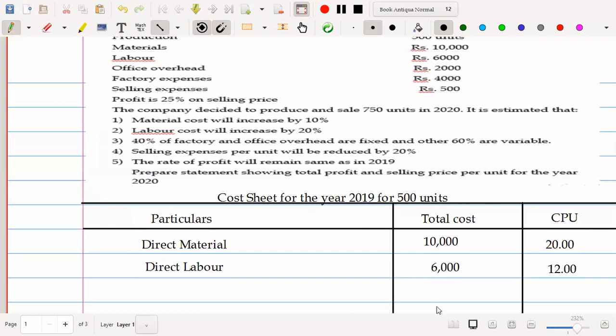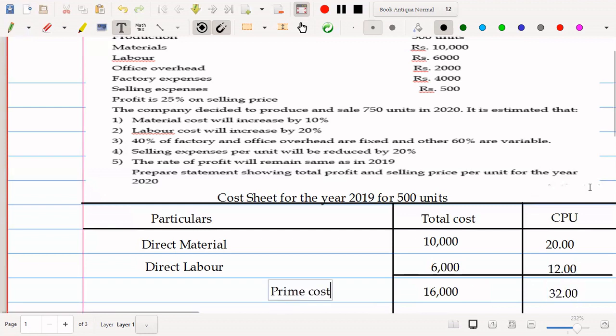Now let's add this and see what will be the prime cost. So prime cost is 16,000 here. The total cost is 16,000 and this is rupees 32. What is this now? This is prime cost. And now office overhead is rupees 2,000.